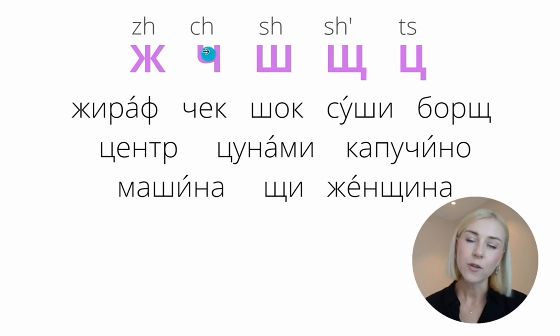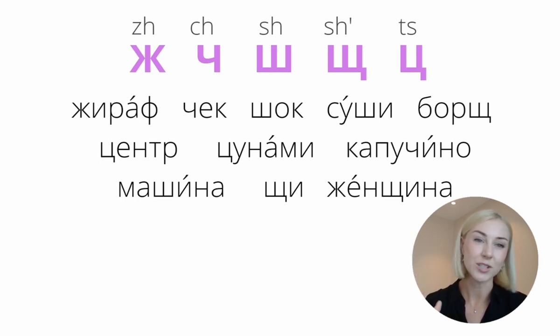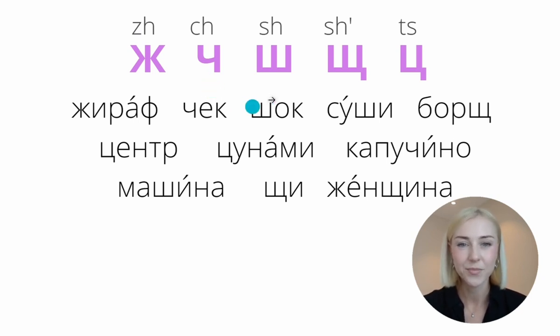The second one, ch. Ch. If we make this letter upside down, this letter looks like a chair, right? So the first letters in the English word chair actually make the sound of the Russian sound, ch. I hope you understand what I mean. Ch. Great job. The third one, sh. It's like when you say someone to keep quiet, sh.